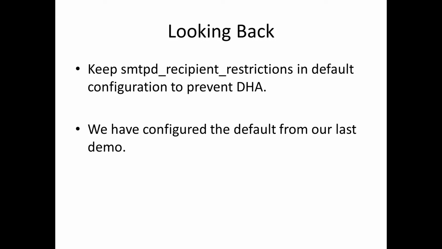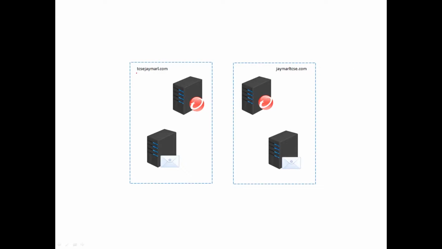So, just to give you a short overview of my test lab, I have two domains, namely tcsejmrl.com and jmrltcse.com. I have the internal SMTP server, the same with the other domain, but the gateway protection is different.